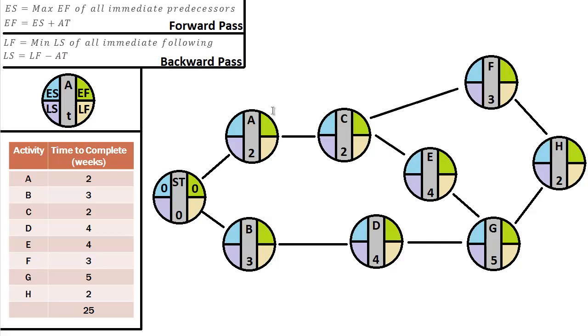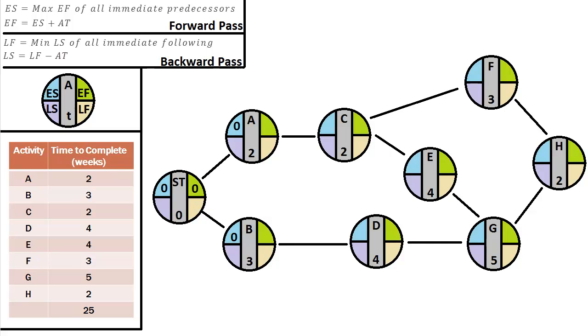So we're going to go ahead and put a 0 into the earliest start time for activity A. A 0 for earliest start for activity A because it's one of the first activities we can do. There's nothing before it. And of course, activity B is the exact same. So we'll put a 0 in the earliest start time for B.